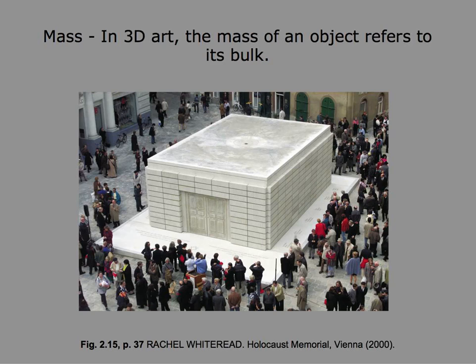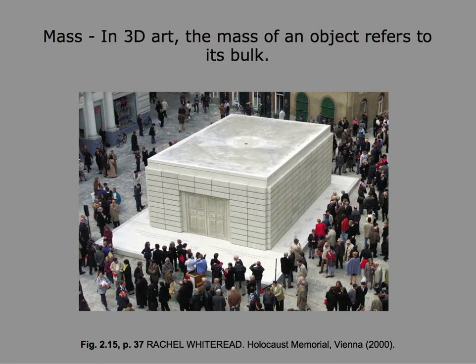As an example, Rachel Whiteread's Holocaust Memorial in Vienna has a great deal of actual mass. You can see from the photograph a large cement-like structure takes up a lot of volume, and we can tell that because of the scale between it and the people surrounding it.